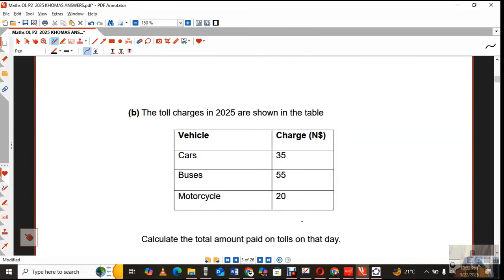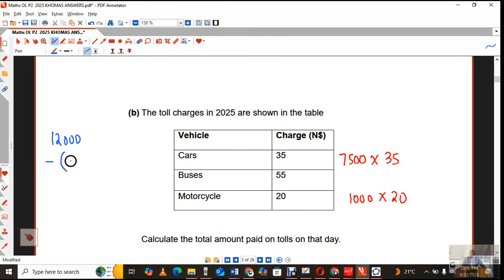Okay, so very important, perhaps, that you complete this table, because this table has got some cost involved. We know that the cars were 7,500. So I have to multiply that by 35, because the charge is $35 per car. We know there were 1,000 motorcycles, so we'll multiply that by 20. But what we need to calculate is the buses. Now, you have two ways of doing that. You know that in total there were 12,000 vehicles.